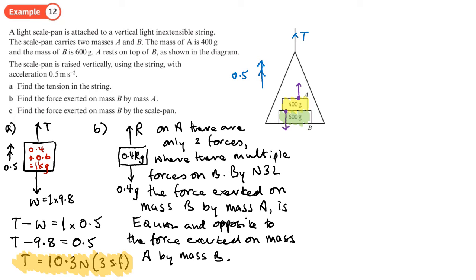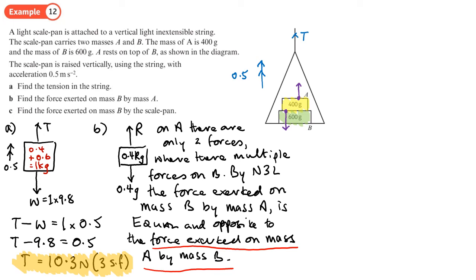We're going to work out the force exerted on mass A by mass B, and that's the thing we've labelled R. This is the force that B is exerting on A, which is equal to the force exerted on B by A. But this is complicated to work out because there are multiple forces on B. But on A, there's only two forces, the normal reaction going up and the weight of A going down.